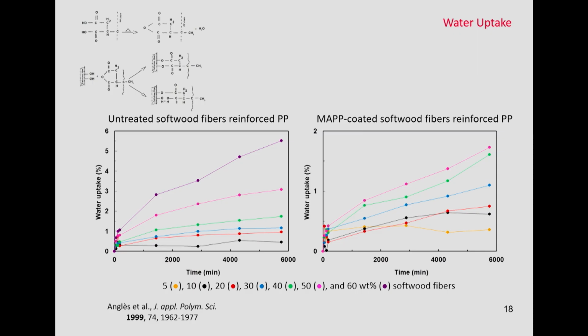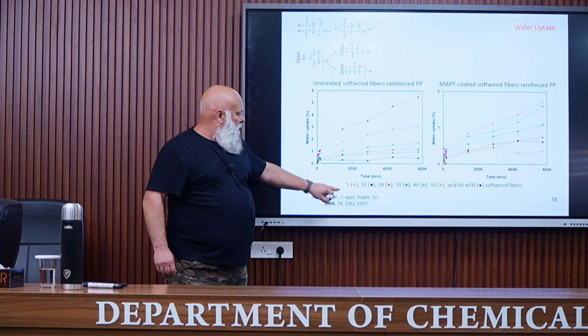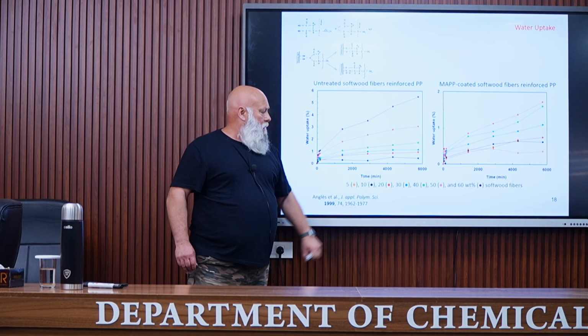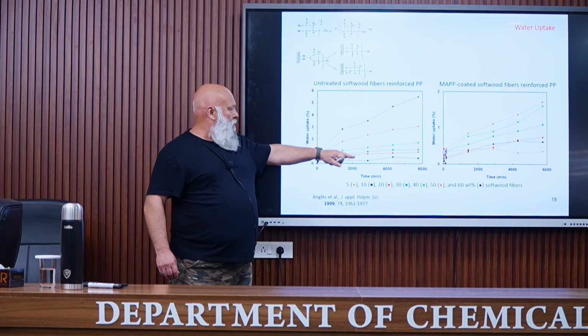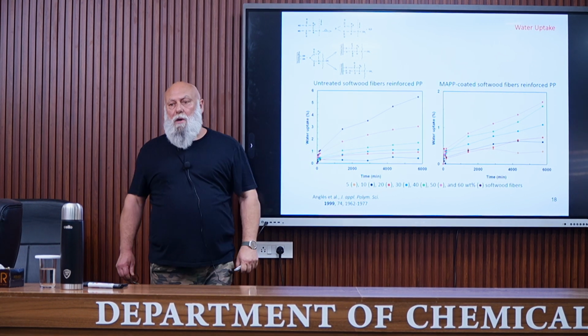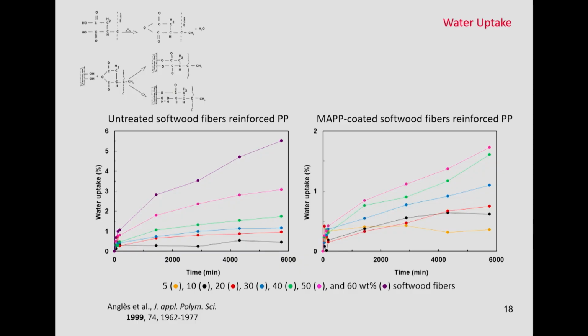So these are some examples of water uptake. In this case, it was untreated softwood fibers in polypropylene. So when increasing the amount of softwood fibers, of course, the water uptake increases because polypropylene is hydrophobic.